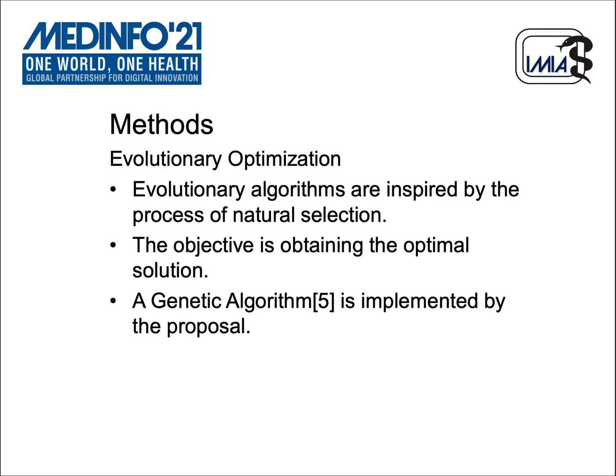Another method that we employed is that of the evolutionary optimization. As mentioned before, the hyperparameters of the model need to be optimized. The evolutionary algorithms, which are inspired by the process of natural selection, allow us to obtain the optimal solution.